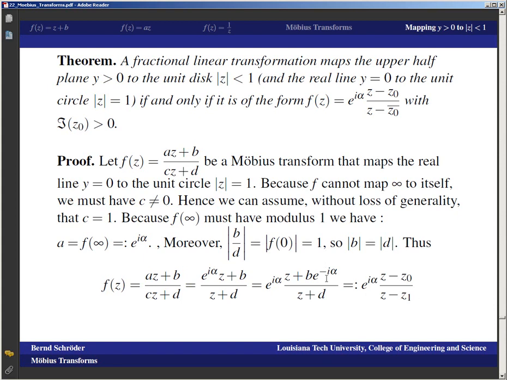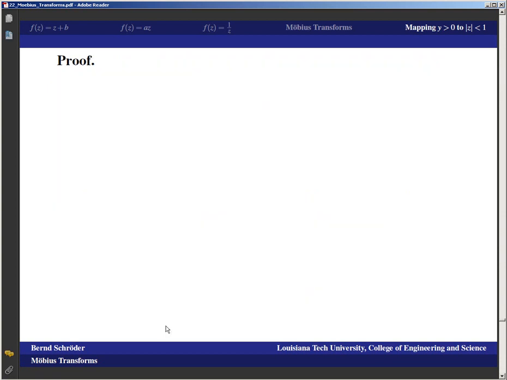So we fought really hard to get all sorts of things there, but in the end we just say that this is z0 and this is z1, with the added caveat, however, that the absolute value of b is equal to the absolute value of d. So that means, because this thing here has absolute value 1, we have that the absolute value of z0 is the absolute value of z1, which is not equal to 0.